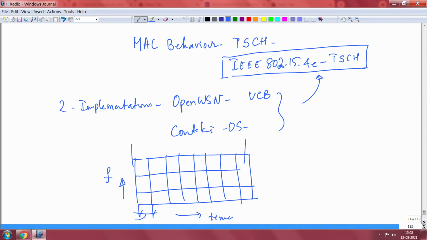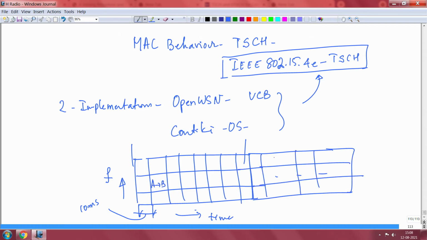You can typically have 10 millisecond time slots, and any number of time slots you can have, and then it repeats again from here. Okay, this is a repeat, and it can go on like this. If A is communicating to B here, it is possible in the next time slot it may be transmitting from here to here, that depends on how it hops, right, and that is a shared understanding between A and B.